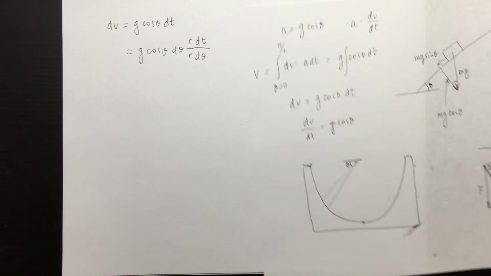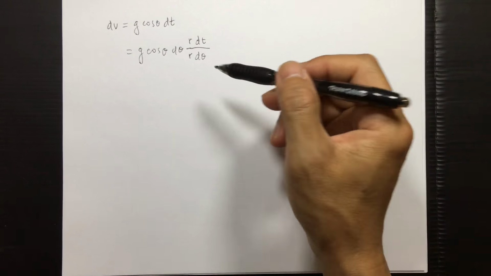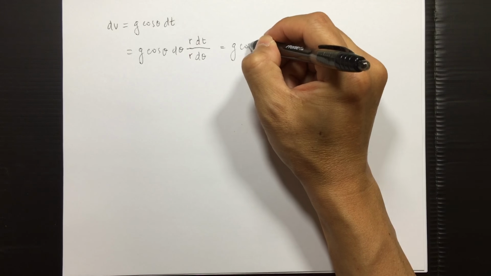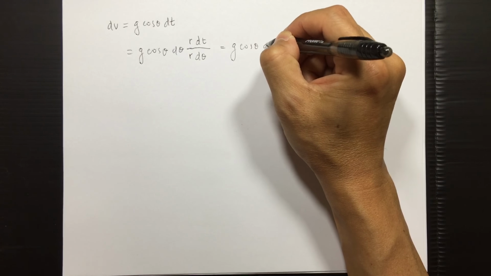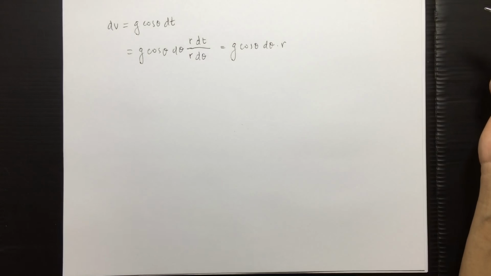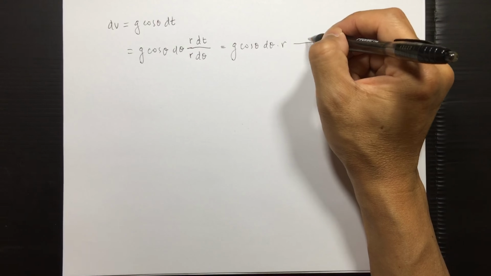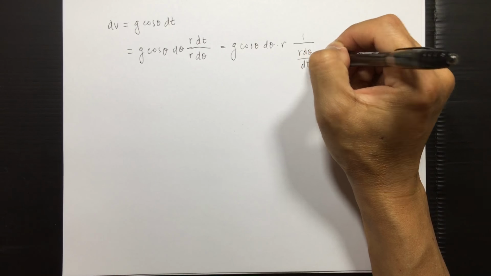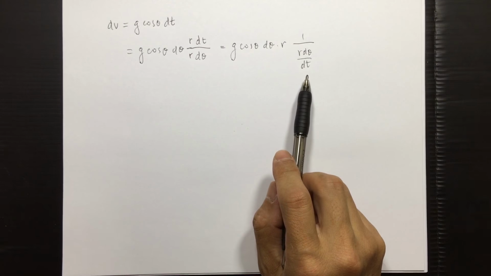So this equals to, I'm going to write it a little easier. g cosine theta d theta times r, right? And then 1 over r d theta dt. This is actually v.